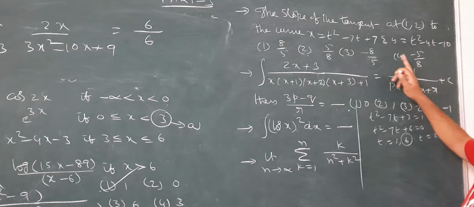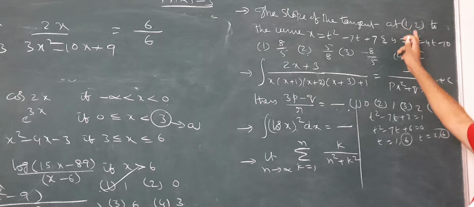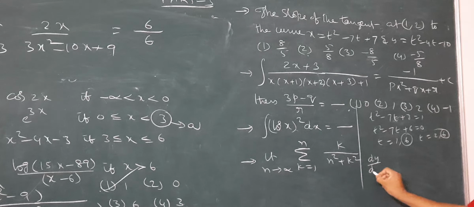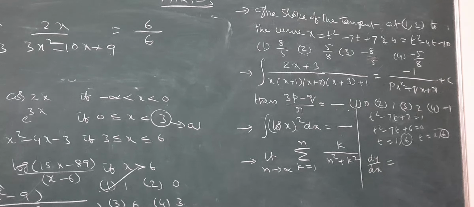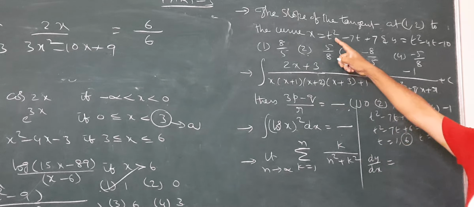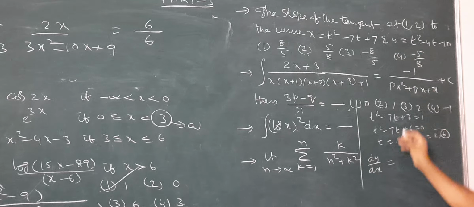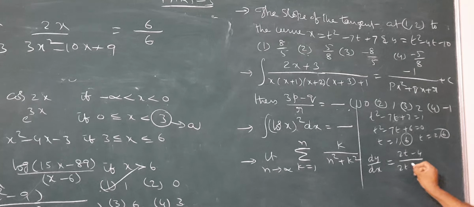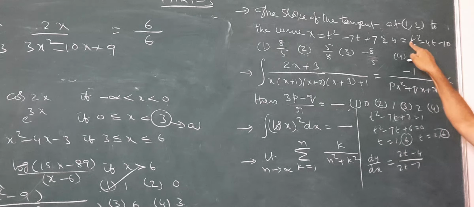Now here, differentiate these two. Find dy by dx. dy by dx equal to dy by dt by dx by dt, that means 2t minus 4 by 2t minus 7, differentiating with respect to t.